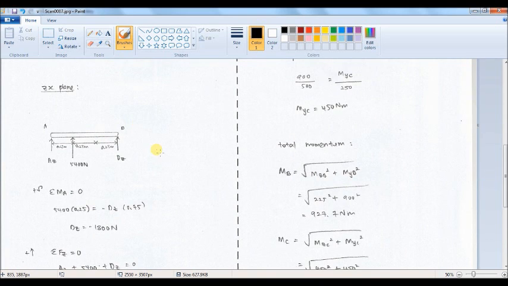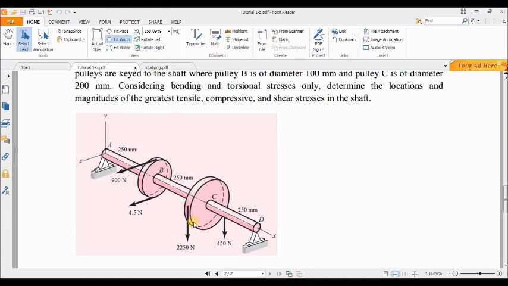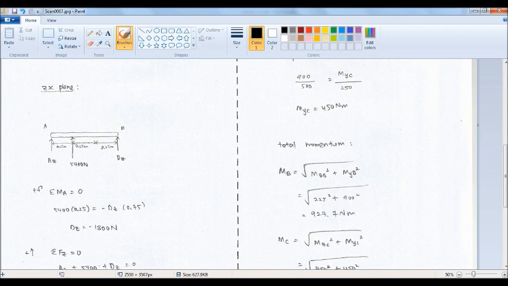Okay. Similar to the previous plane XY, now we can draw the free body diagram for plane XZ. As you can see, let's return back to the problem statement. In plane XZ, these two loads are in the direction of positive X, right?